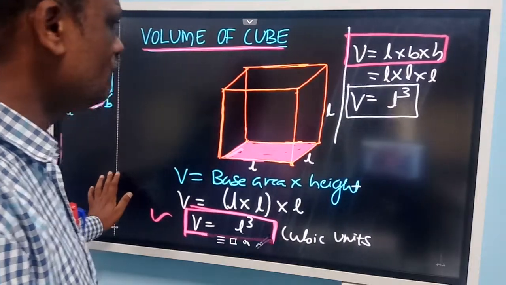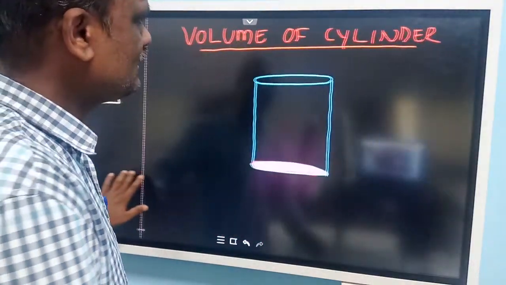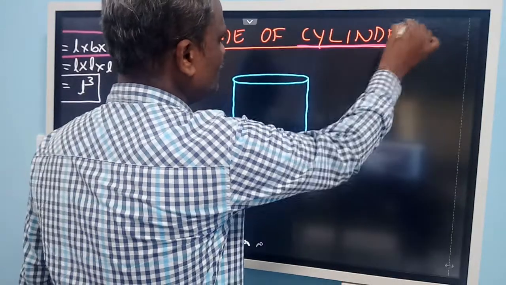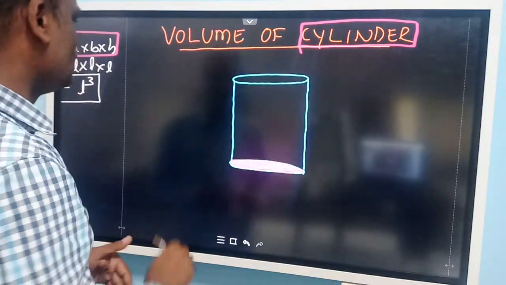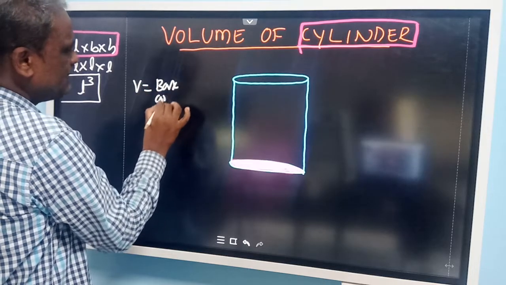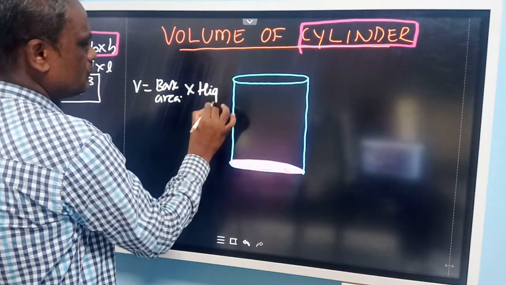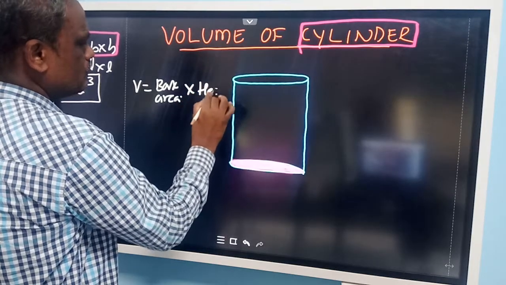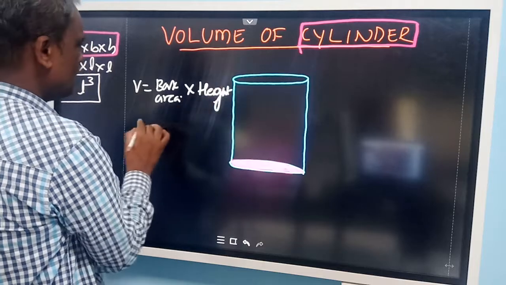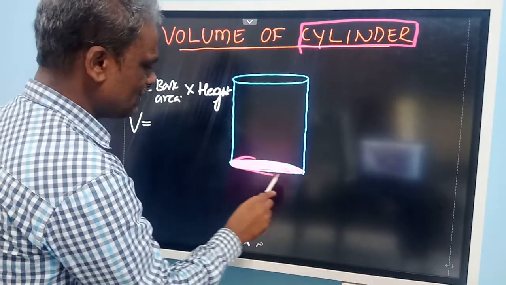So now this is the formula. Now let's go to another important solid, that is the cylinder. Let us find the formula for the cylinder. Same thing, let us use volume is equal to base area into height. You multiply the base area and the height. Now the base here is a circle.